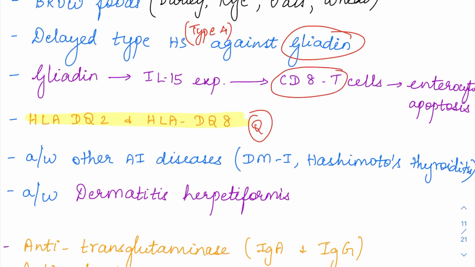CD8 positive T cells are cytotoxic T cells. These recruited CD8 positive T cells will cause the killing of the enterocytes, and that will lead to apoptosis of the enterocytes.